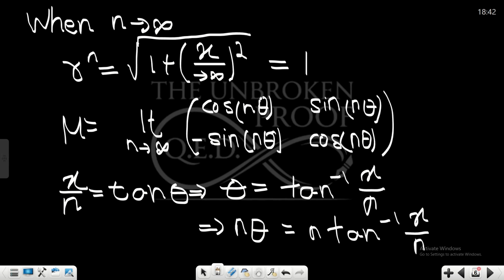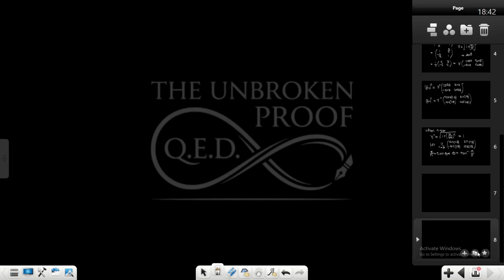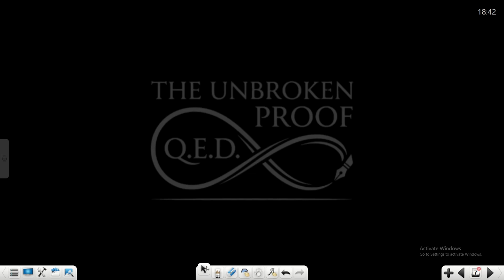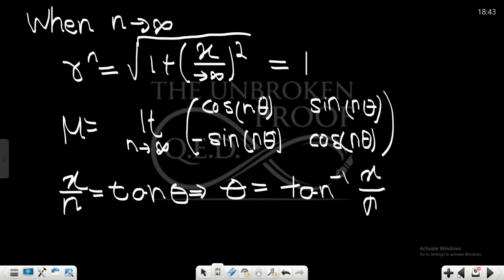I think it is a bit messy, so let me write it on the next page. Basically your n theta is going to be n times tan inverse x by n.